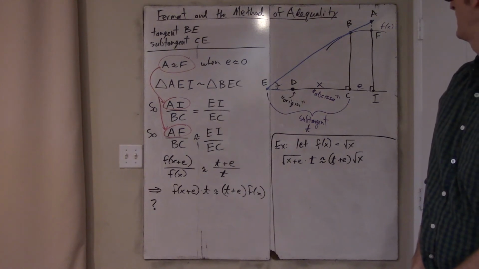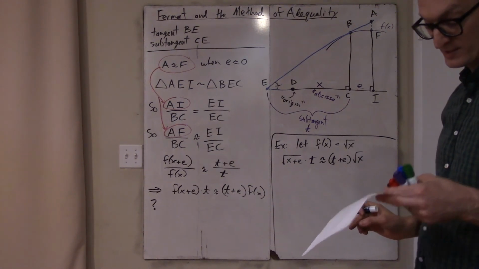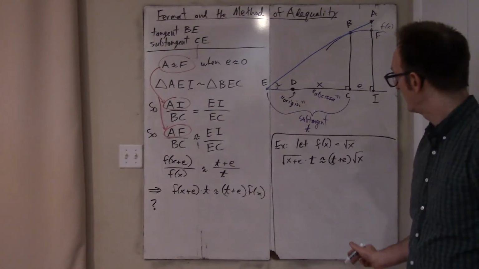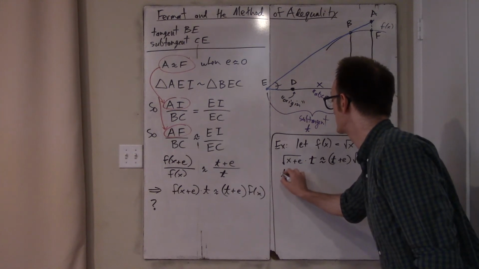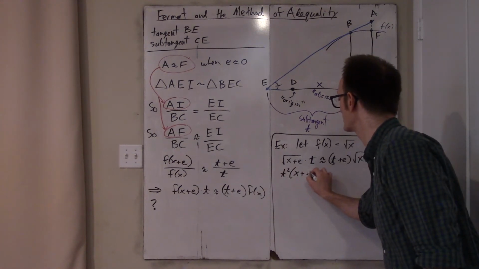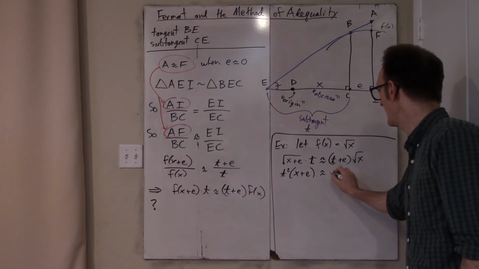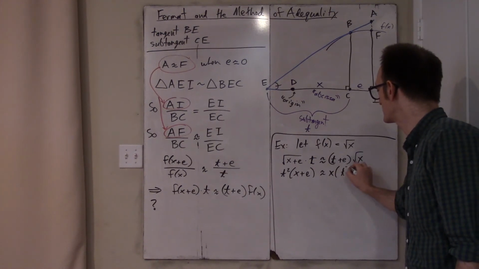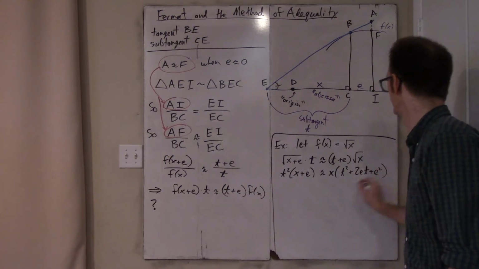Okay, great. Now what? Well, square both sides of this approximately to get rid of these square roots, of course. So this gives me t squared times (x plus e) is approximately equal to x times (t squared plus 2et plus e squared).